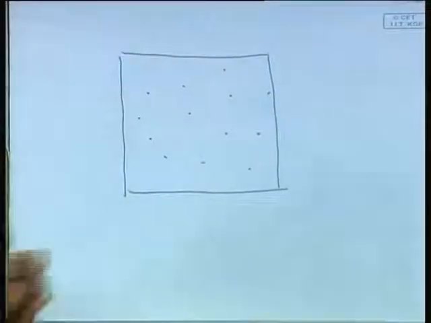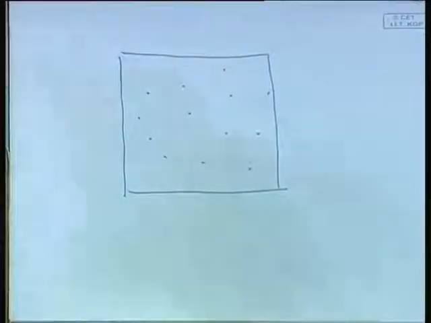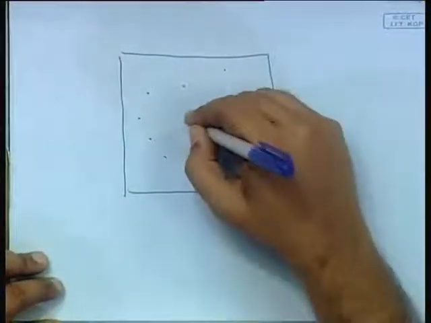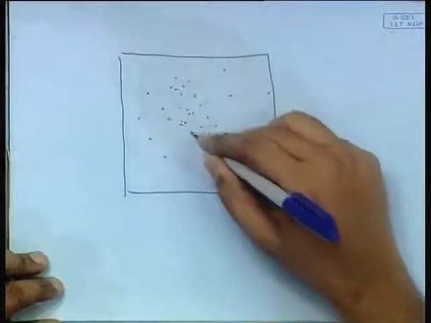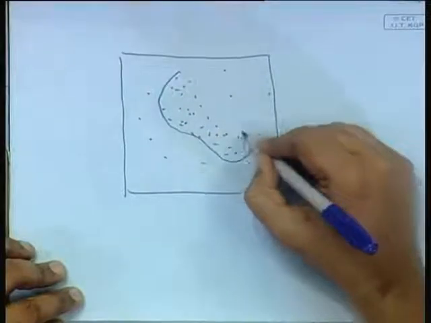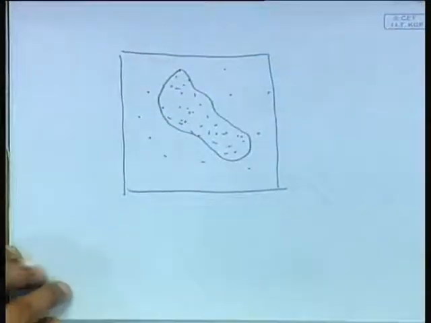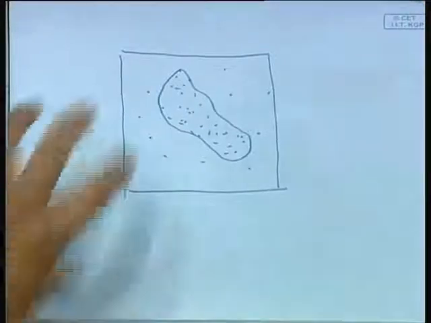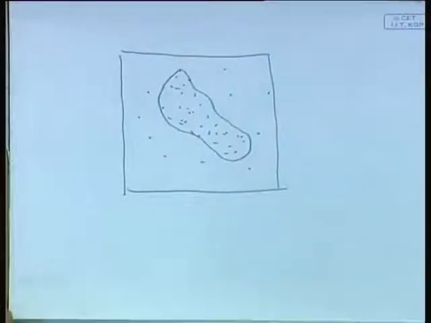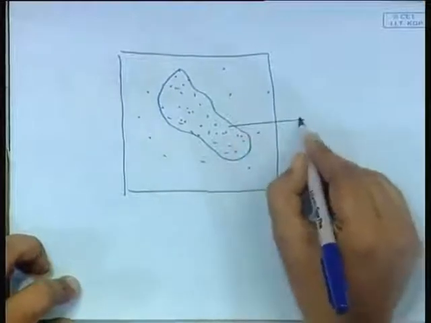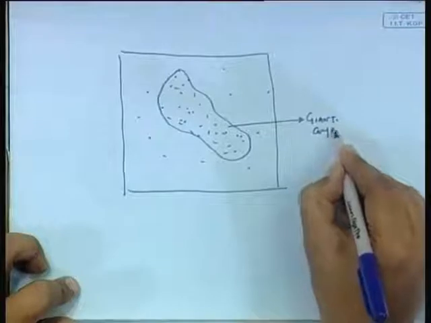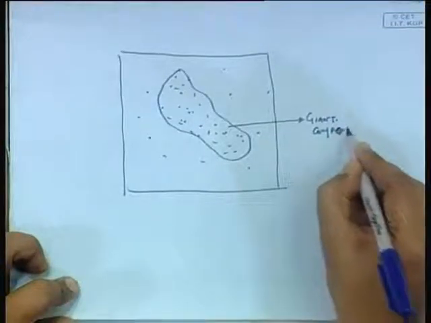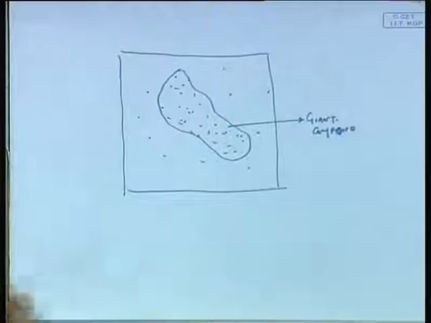Initially you have separate droplets. Now, you will see that at a certain position it forms, not a cluster, it forms a component, a continuous position, and this is actually a giant component. And then you will see that the entire thing gets connected.